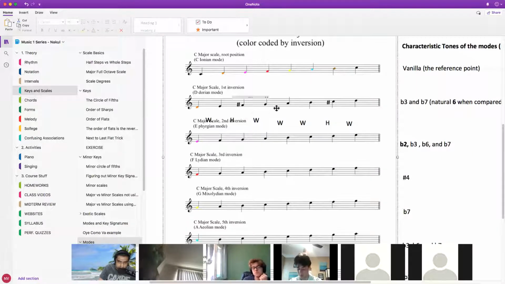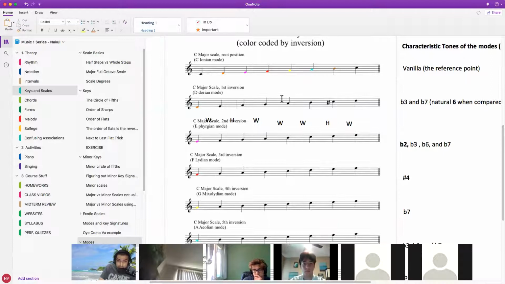But it has a flat 3 and a flat 7 from the standpoint that if you were to make this a major scale, do you agree that this is how you would write this as a D major scale? Yes. So if you write this as a D major scale and flat in relation, getting rid of the sharps by flatting them, now I'm left with the D Dorian mode.